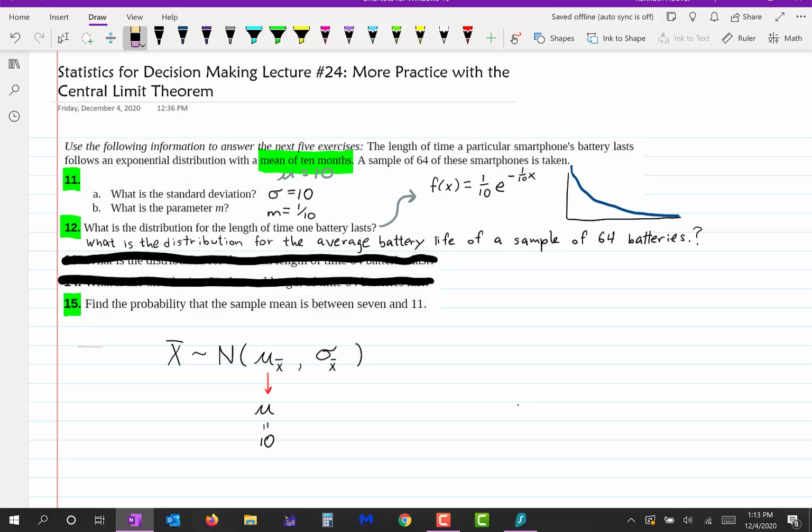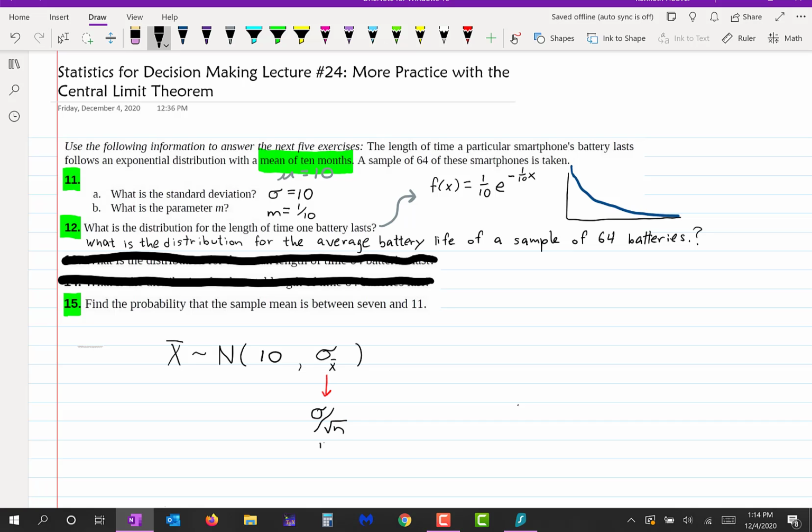Okay, so let's put that up there. All right, in the previous lecture, we learned that the standard deviation of the sample averages is equal to the standard deviation of the population divided by the square root of the sample size.